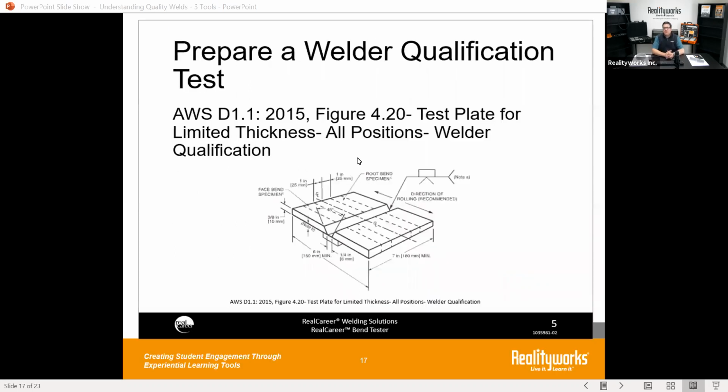Now, to go a little deeper, our curriculum walks through, based on D1.1 code, how you actually prepare your weld before you do the weld. And so it starts from preparing your weld, doing your weld, and then destructive testing and qualifying your weld. All the curriculum walks your students, and you the teacher, through this. So we give curriculum telling them how to bevel their weld, how to make sure that they're putting their weld pieces together.